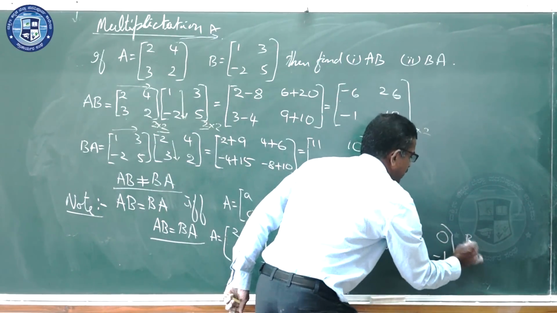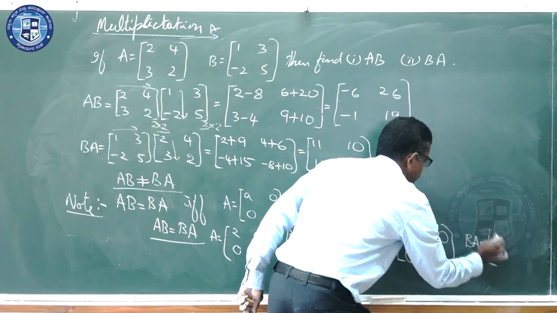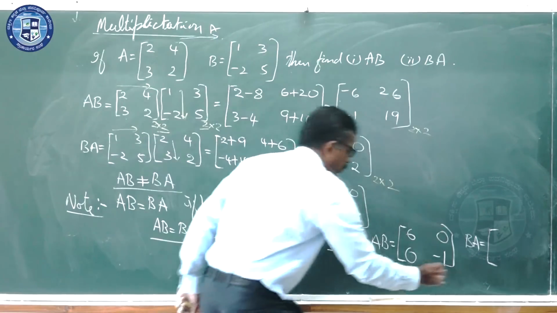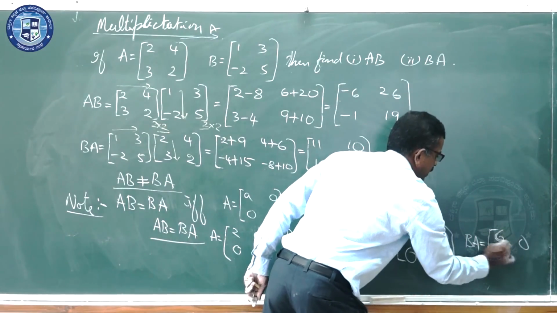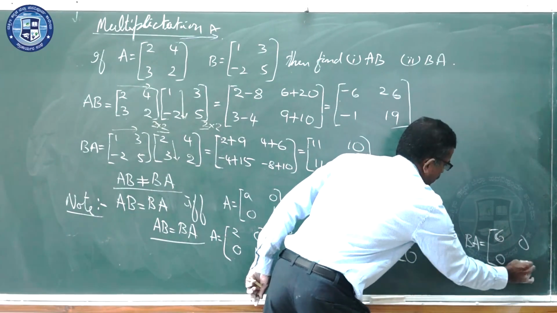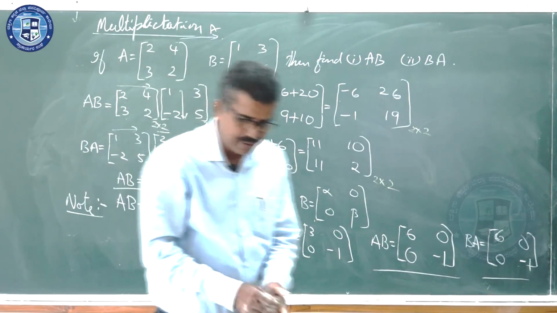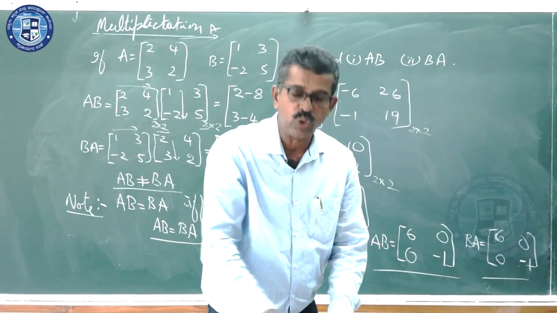Can you tell me what BA is? BA would be B into A. Multiplying in reverse order, we get 6, 0, 0, minus 1. Therefore we have AB equal to BA. That will be the case, so nothing to worry about.